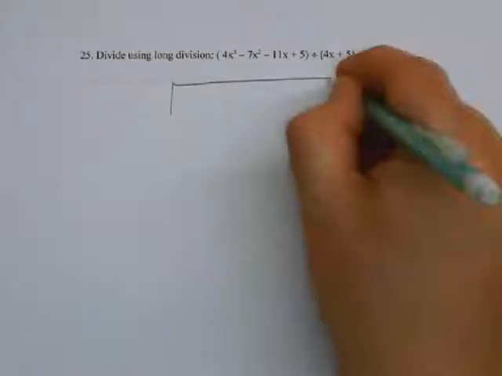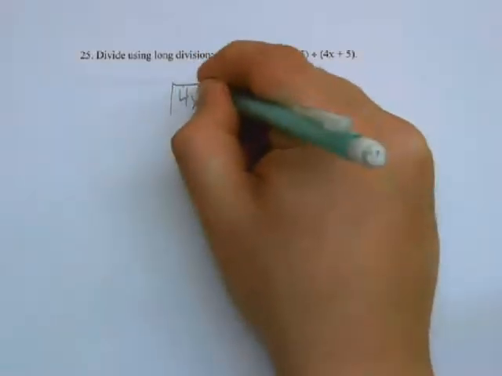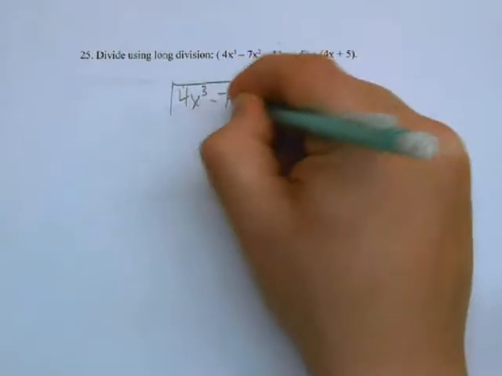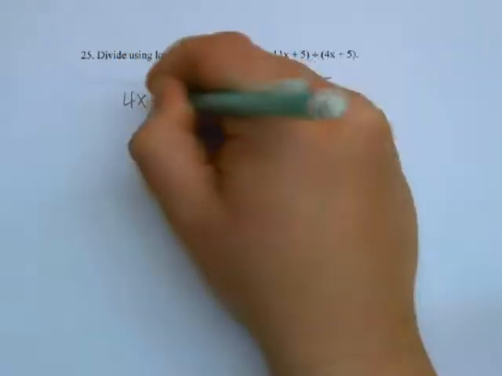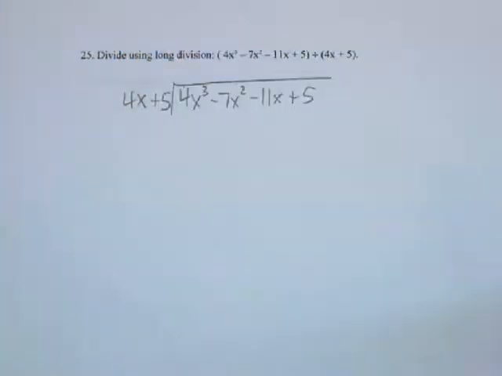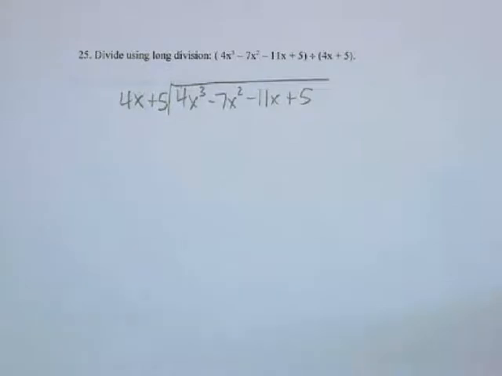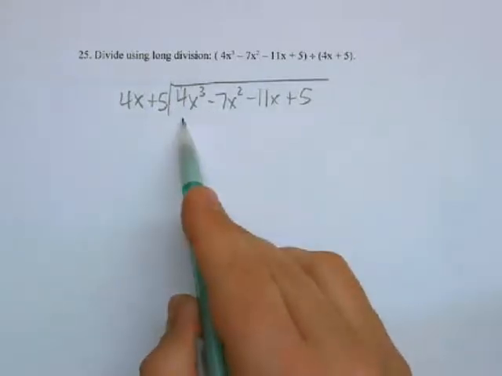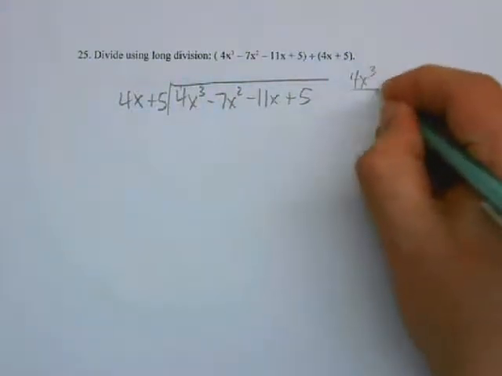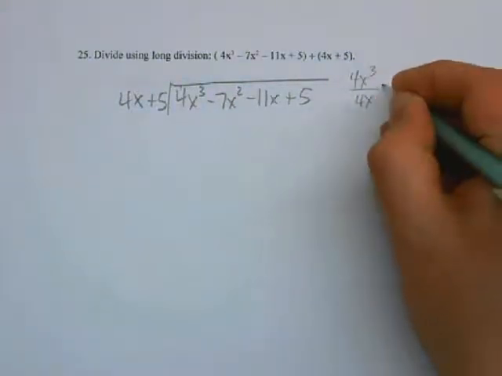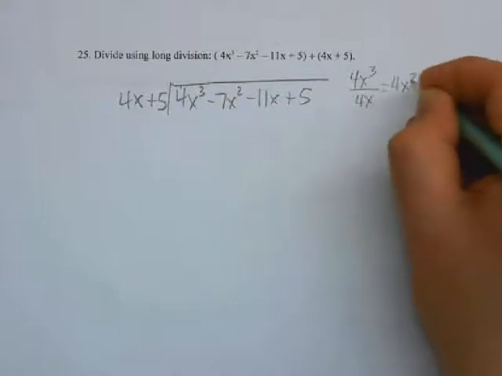Okay, number 25, divide by using long division. Okay, so first step, I divide the leading term by the leading term of the divisor. 4x cubed divided by 4x is 4x squared.